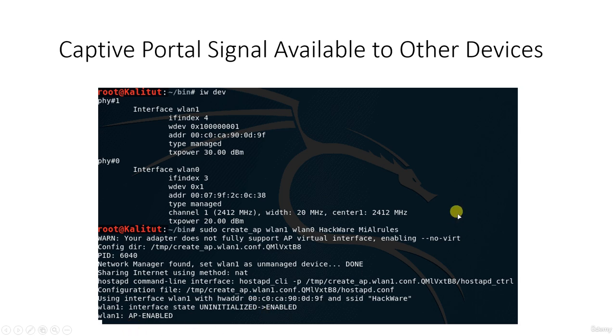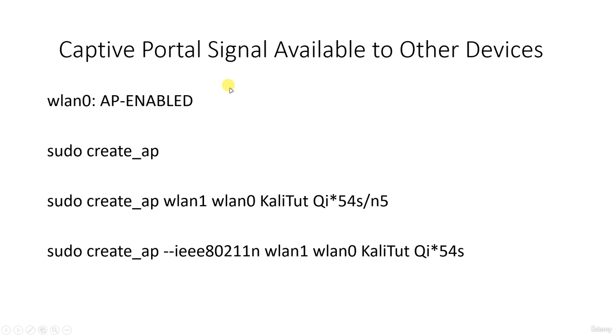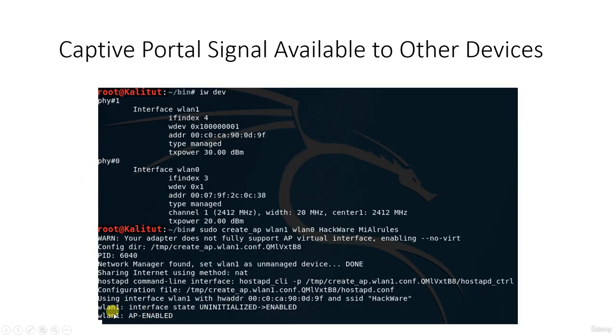The command above creates an API, the connection of which is not password protected. If you want to create a password protected API, then use a command like this, WLAN 0 API enabled. As you can see, previously our API is enabled.